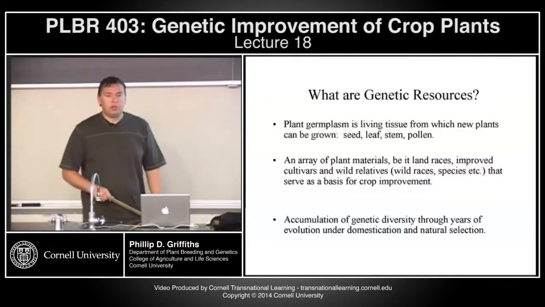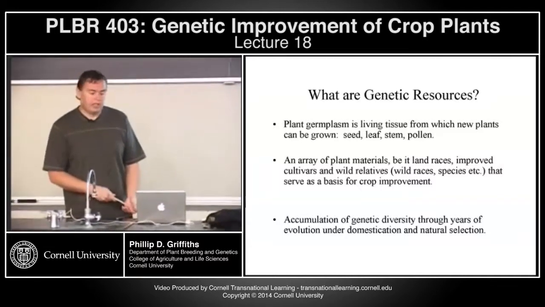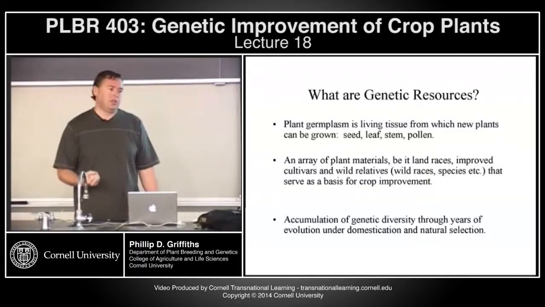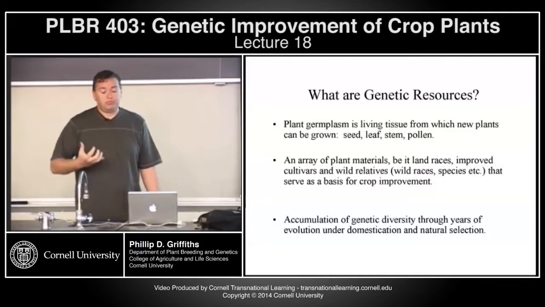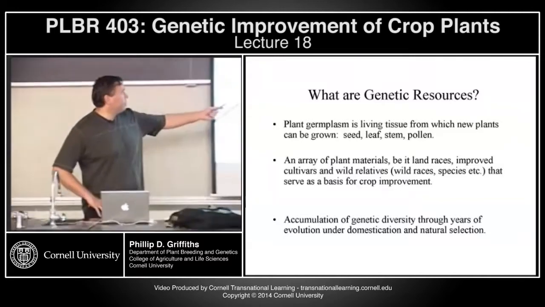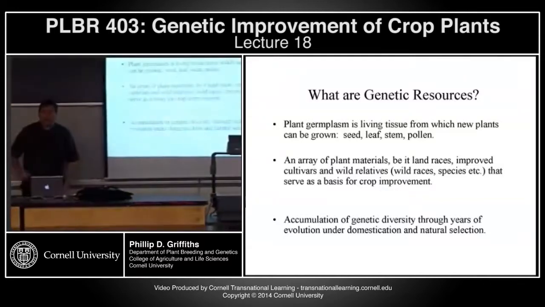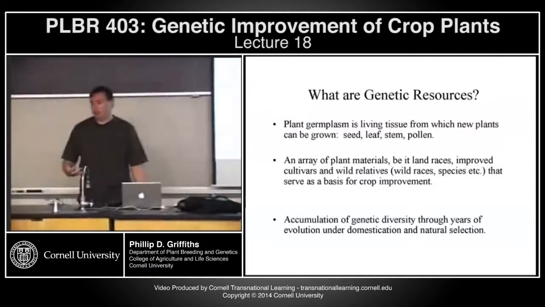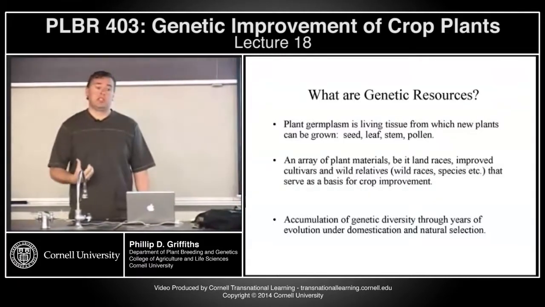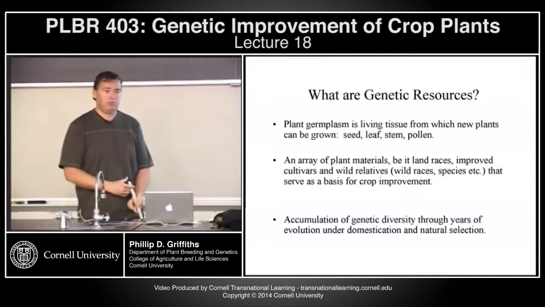So germplasm can basically represent any kind of living tissue that can be generated into a crop plant. So it isn't necessarily restricted to just seed, but it can involve such things as cuttings in the case of crop plants. They would all be considered germplasm because they can basically be regenerated into the original plant type.